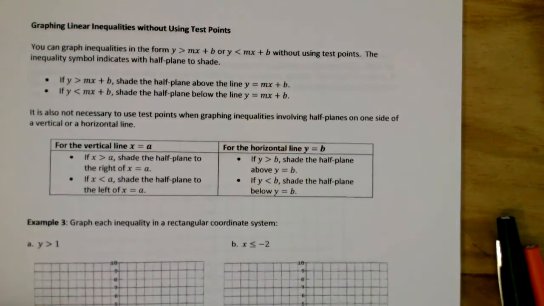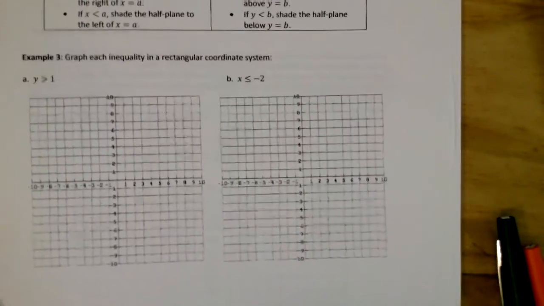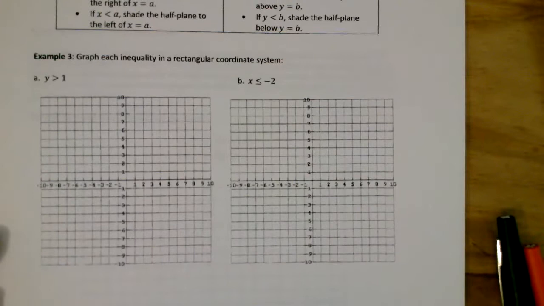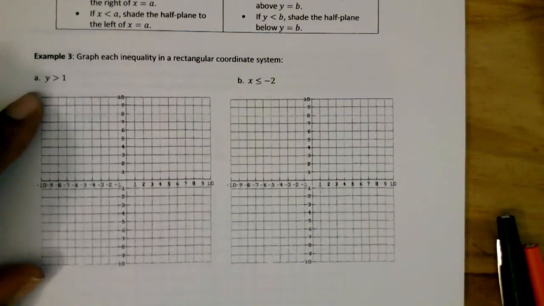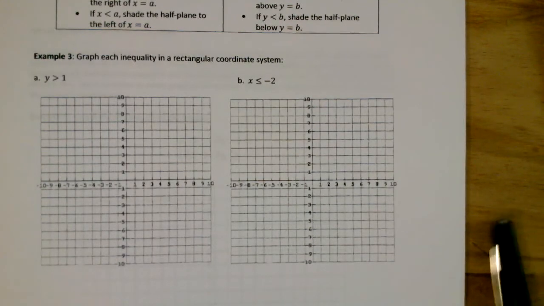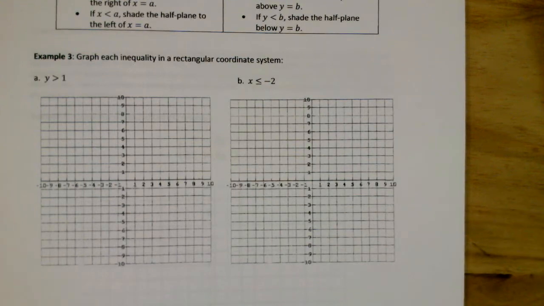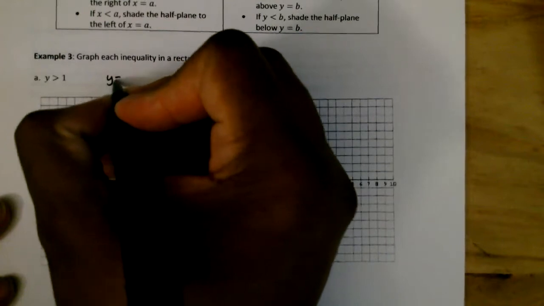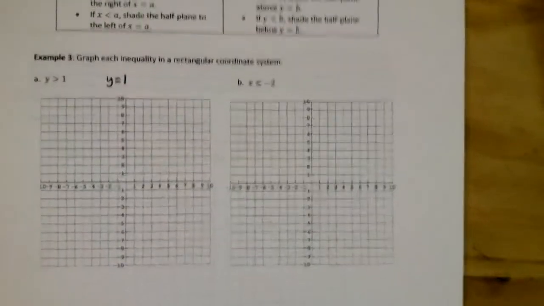In this example 3, parts A and B, we're going to graph each inequality in a rectangular coordinate system. Like in part A, we got y is greater than 1. Here we're going to graph this as if we were graphing y is equal to 1.